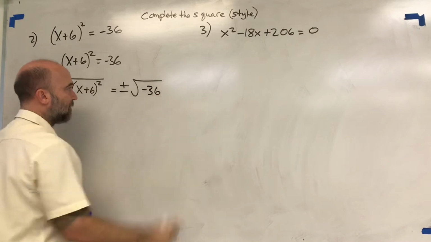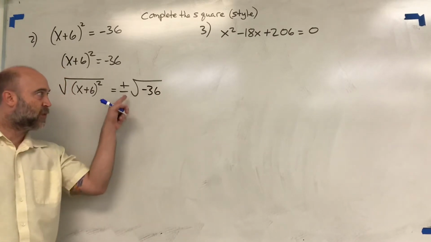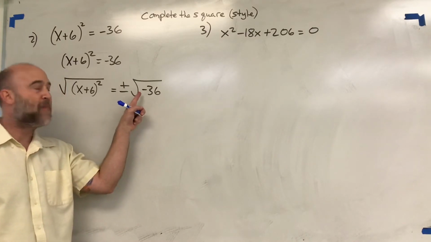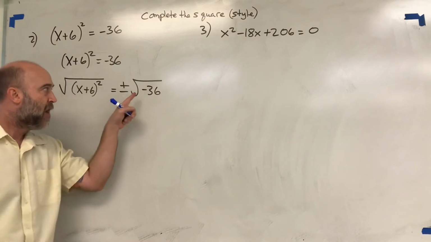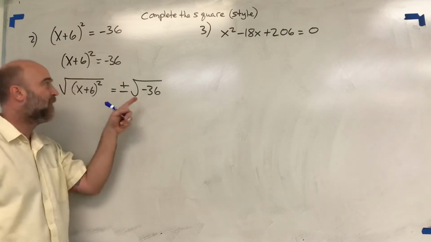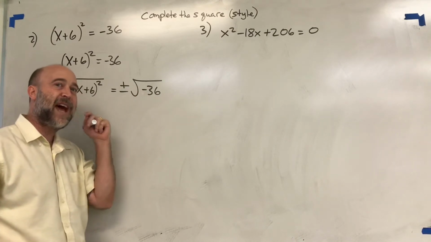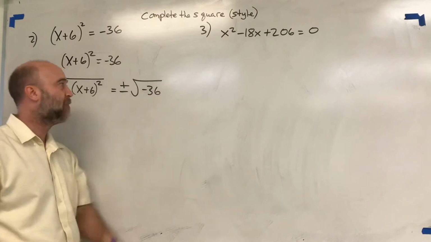Negative 36. A square root of a negative means we're in the complex field, so we have imaginary numbers that are going to come out. I always try to have that kind of reflex when I see a negative inside a square root. It's easier just to think of it as an i that pops out.